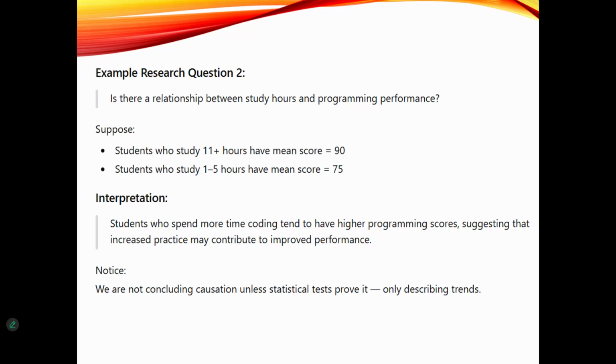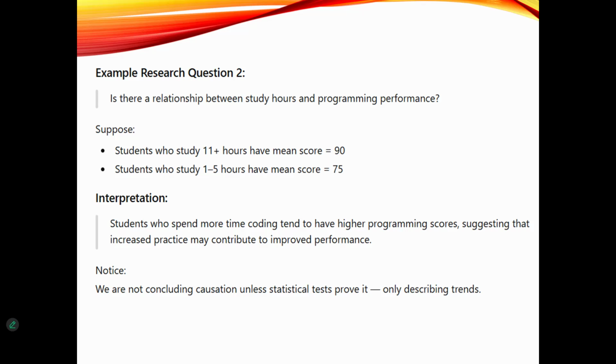So let's have the question number 2. Is there a relationship between study hours and programming performance? So suppose the students who study 11 plus hours have a mean score of 90 and the students who study 1 to 5 hours have a mean score of 75. So we have the interpretation. The students who spend more time coding tend to have higher programming scores, suggesting that increased practice may contribute to improved performance.